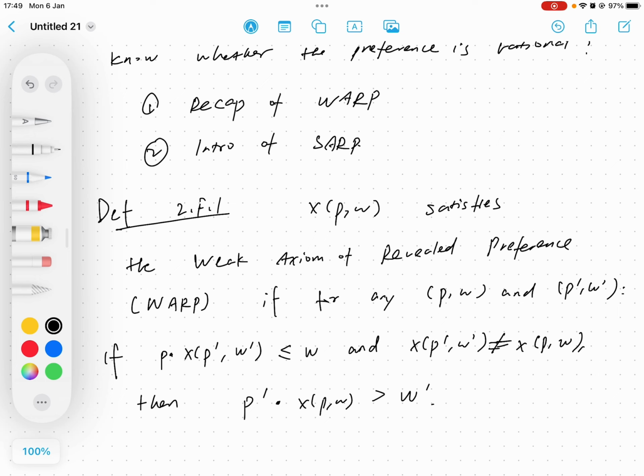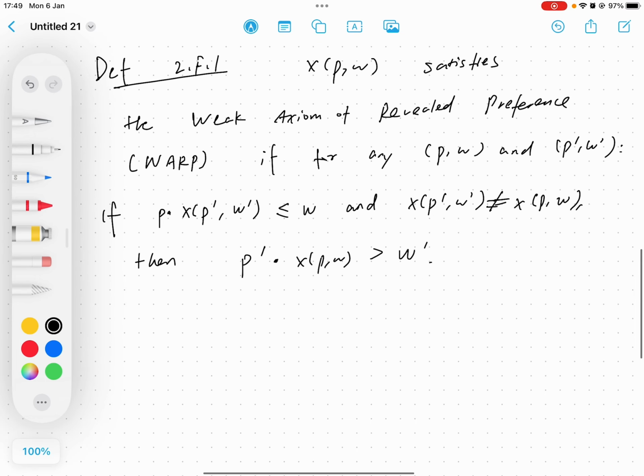This is the WARP, and it's not very straightforward to capture the key idea of it, so let's have some interpretation.